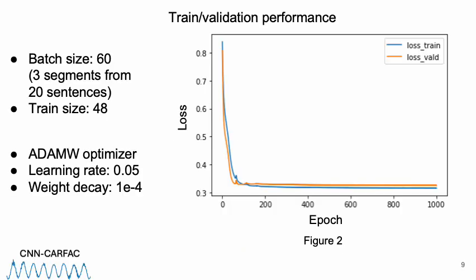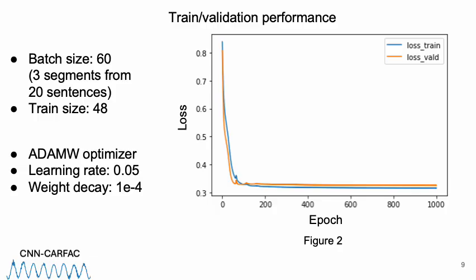So now I am going to present the main result of the framework. As with any other machine learning model, first we need to confirm convergence of our model. So we use a batch size of 60 data samples, 3 segments out of 20 sentences. 48 of those samples were used for training, and the remaining for validation.